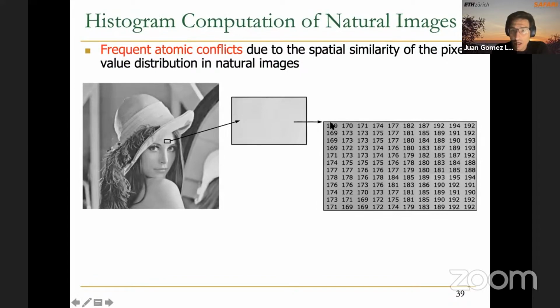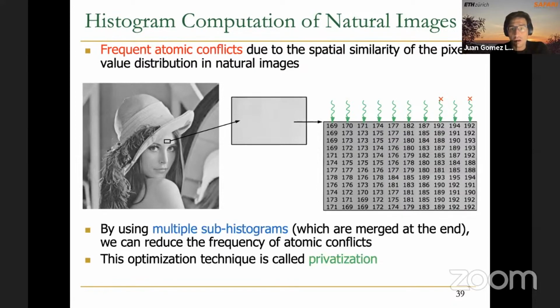If you observe this image even closer, you will see that many pixel values are repeated, like these two here that are going to be accessed by neighboring threads. If these threads are neighboring, they likely belong to the same warp, which means they are trying to update the histogram at the same time, and this will cause an atomic conflict.